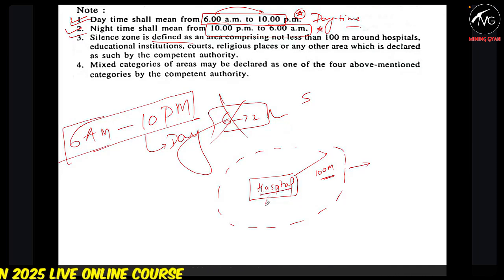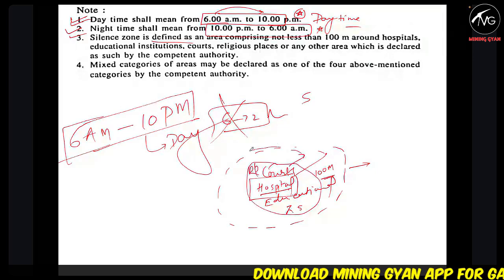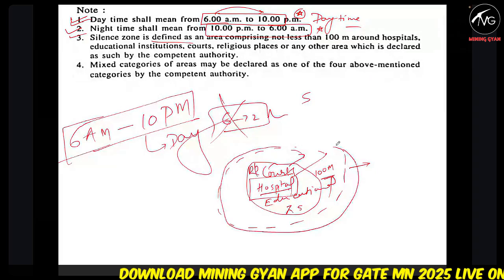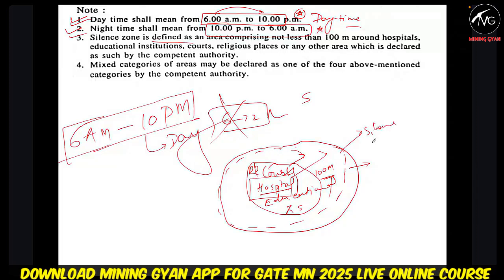Either it is a hospital or an educational institute, or courts, religious places. So from these areas, 100 meter should be silence zone.